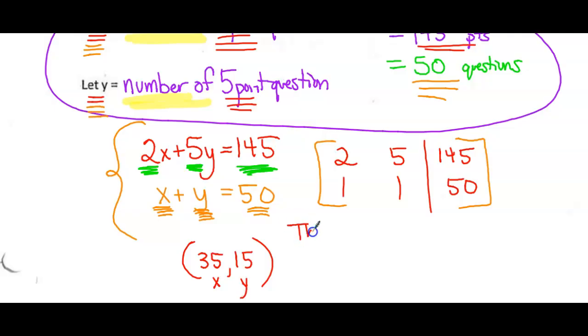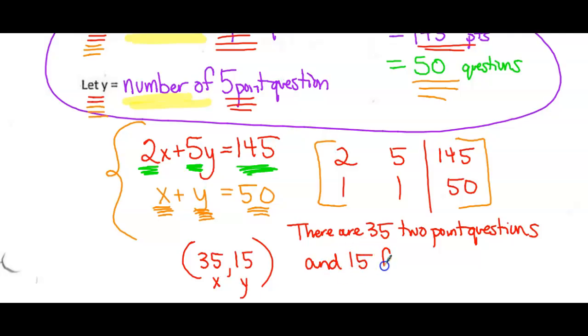So we are going to say there are 35 2-point questions and 15 5-point questions. And we just did question number 1.